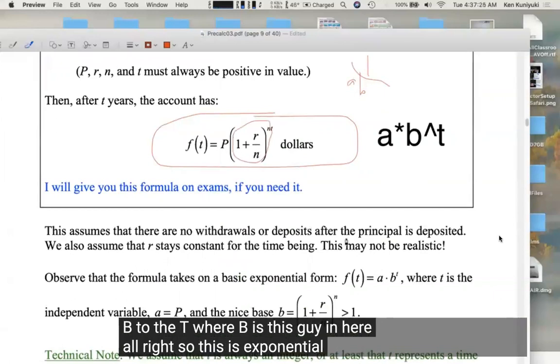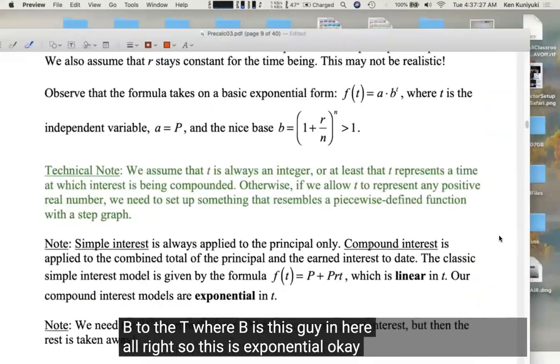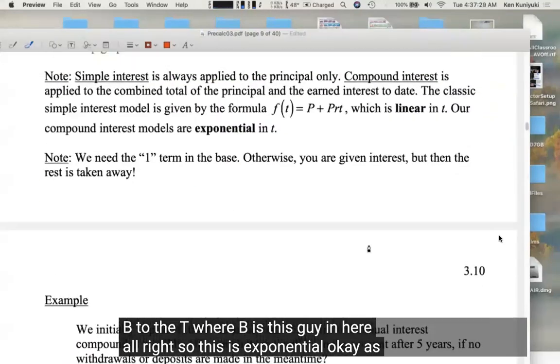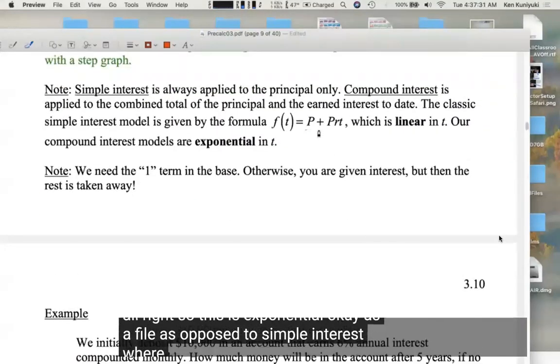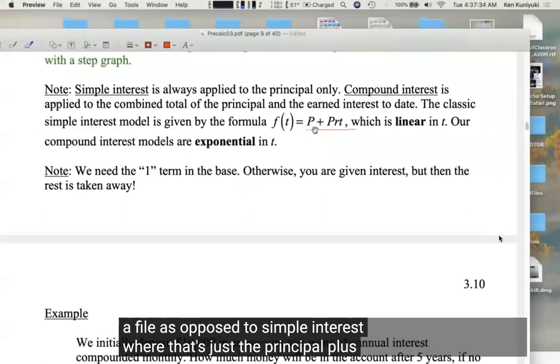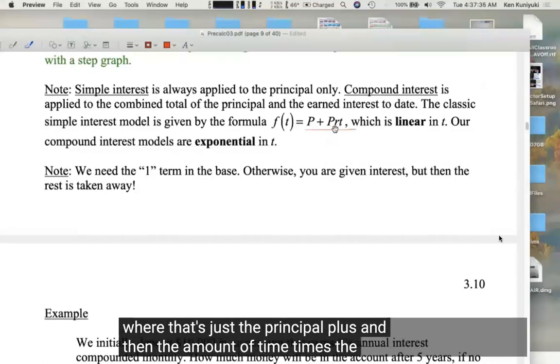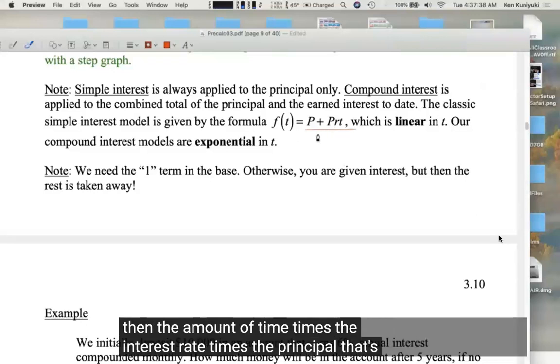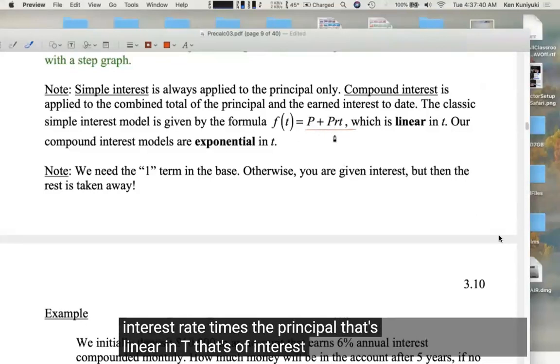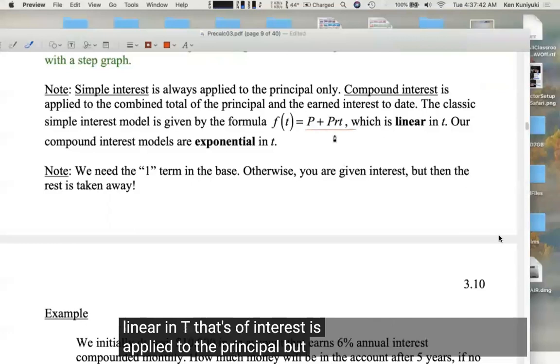So this is exponential. As opposed to simple interest, where that's just the principal plus the amount of time times the interest rate times the principal. That's linear in T. That's if interest is applied to the principal, but not on any further interest.